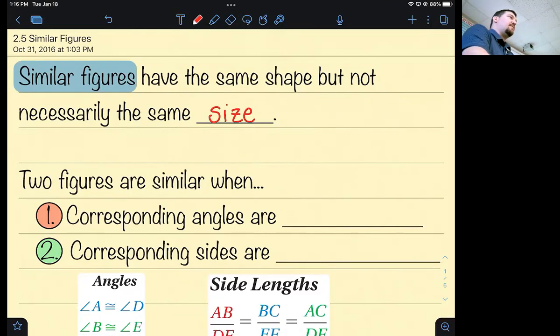So anytime that you've ever taken an image off of your phone and enlarged it or shrunk it down, then you've created a similar figure. Anytime you've played with a Matchbox set, or the little people, the baby toys, you've played with similar figures.